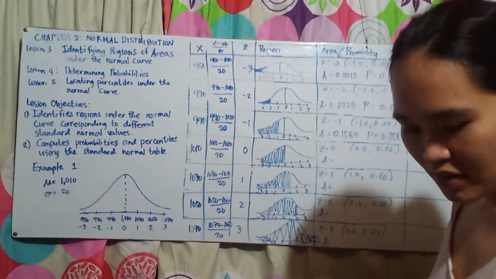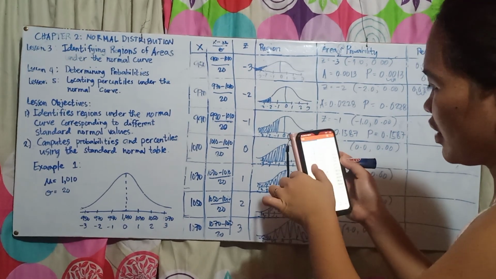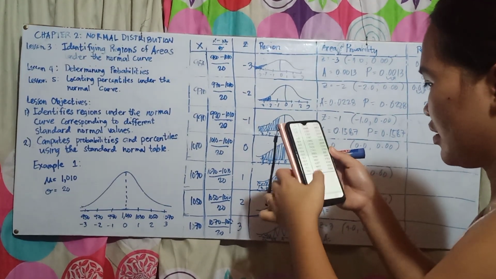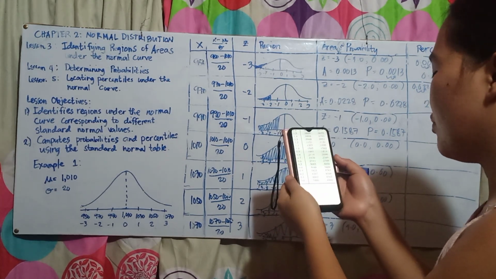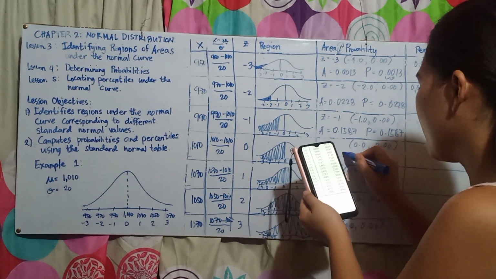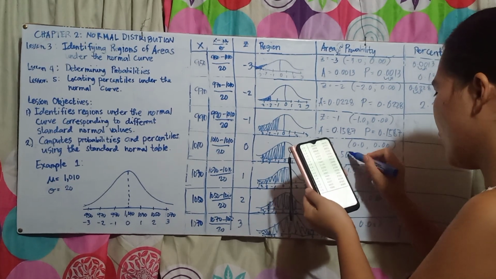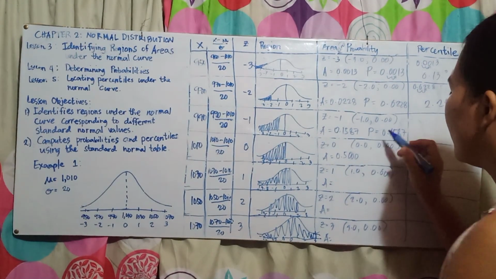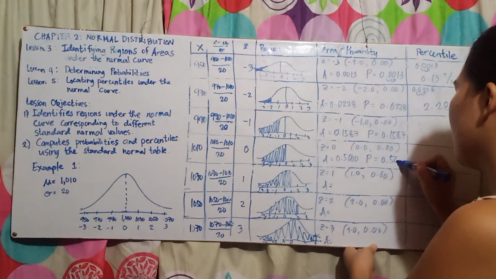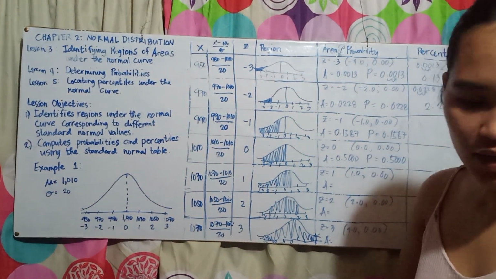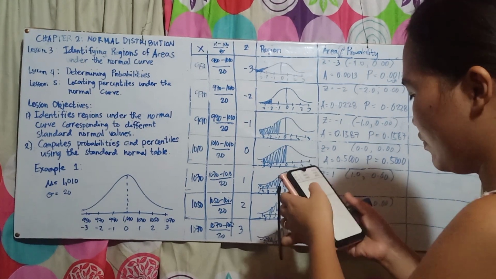Next is 0.0 and 0.00, it should be the same. 0.5000. So, the probability is 0.5000.